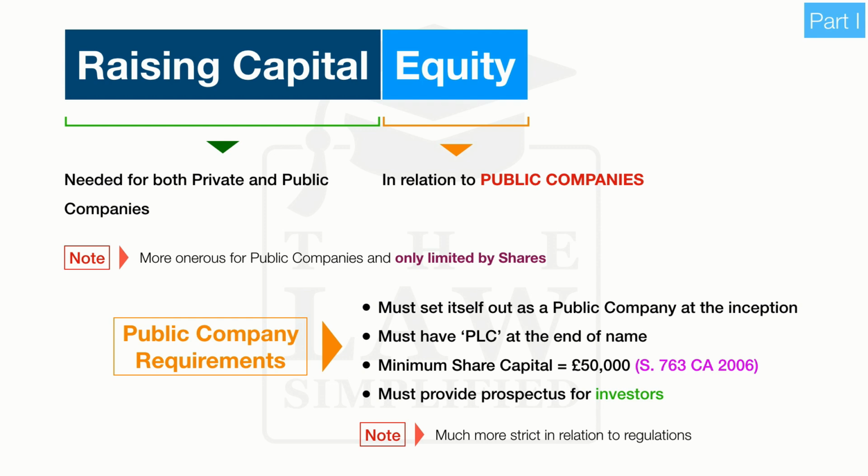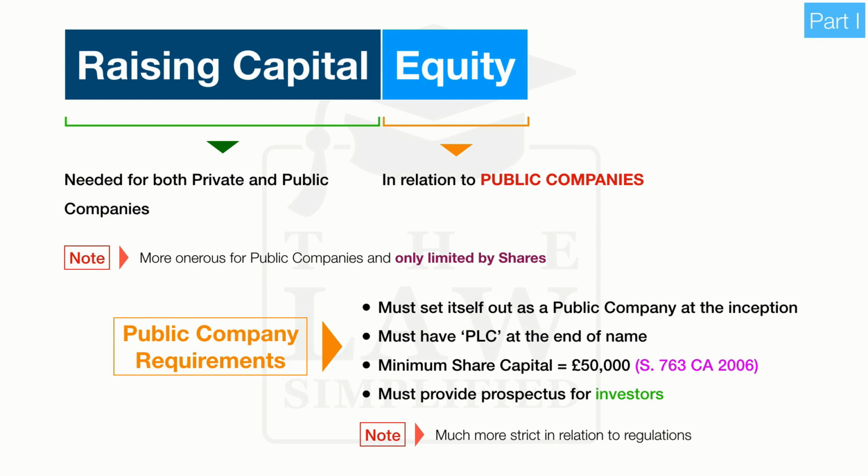Similarly, you must set yourself out by appending to your existing name the suffix PLC, or public limited company. Also, much like what we looked at in a previous lesson, there is a minimum share capital requirement. Unlike in a private limited company, a public limited company must have a minimum share capital of £50,000, as outlined in Section 763 of the Companies Act 2006. Finally, there must be provisions made to provide a prospectus for investors to get a better understanding of the value of the company before putting their money into it.